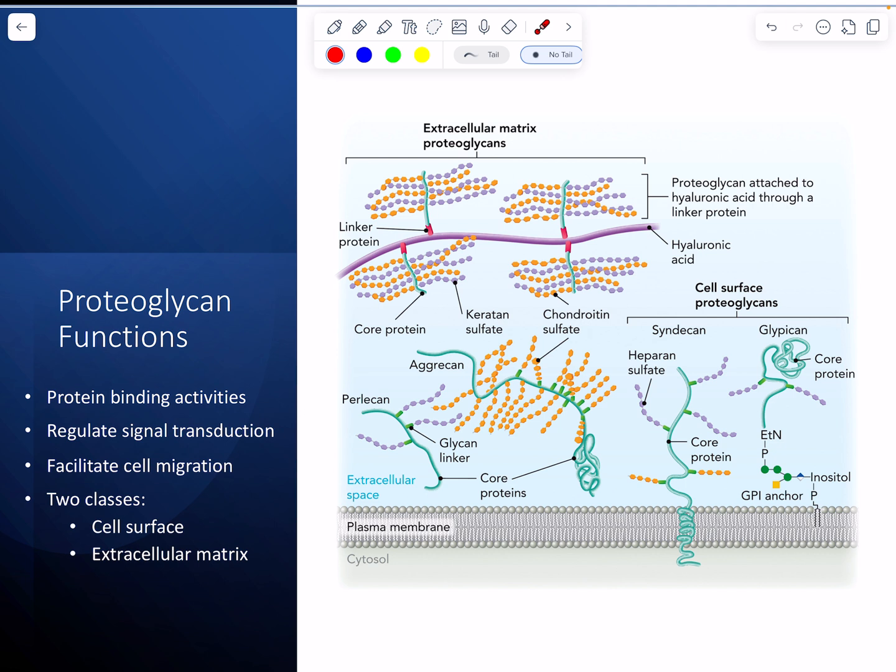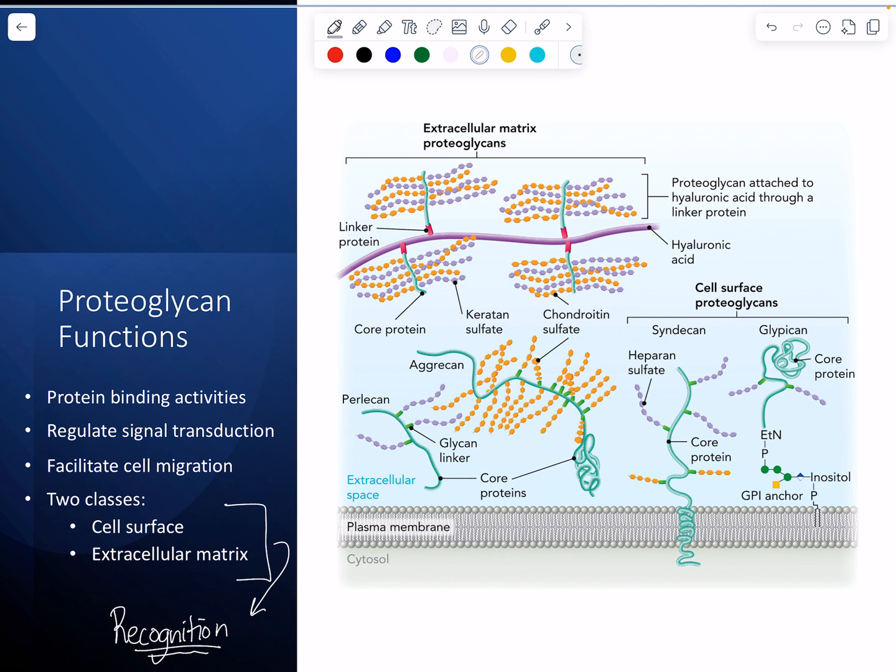So I think a key point here is that they're found on the cell surface and outside of cells, and again, they're really important in recognition. Okay, and again, diversity of monomer leads to specificity of interactions.